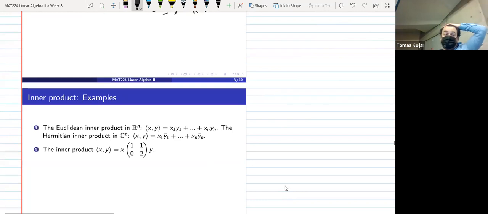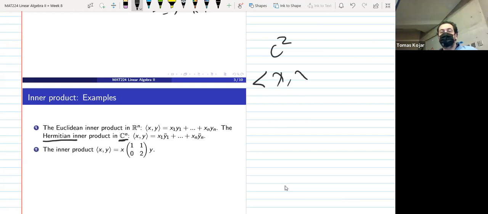You're going to see the word Hermitian inner product if you go into physics. This is when you want to define an inner product over Cn. Let me do C2 just to play with it, and let's do the positive definite again. Let me write Z because that's what people are more comfortable with.